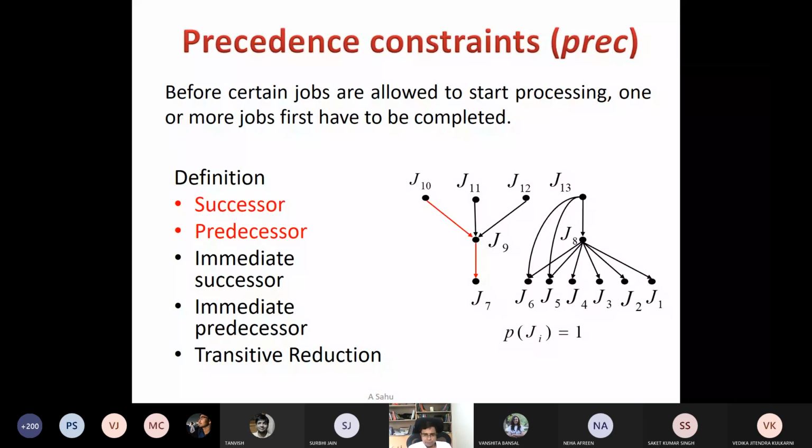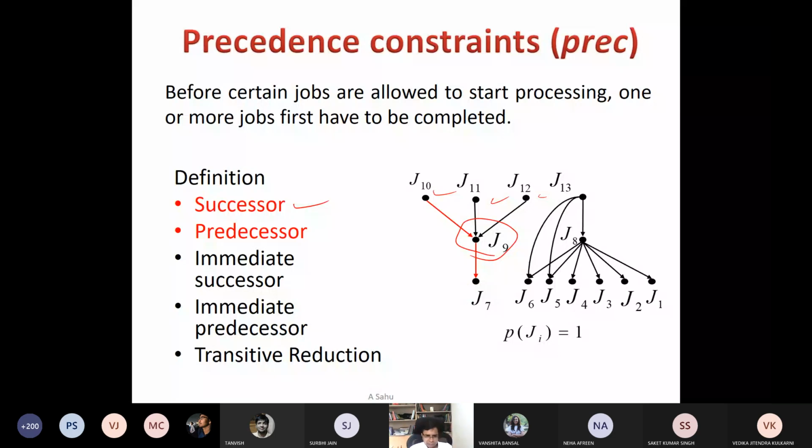If suppose this is the dependency, look at this J9: it needs to start after completion of J10, J11, and J12, because J9 has a dependency on J10, J11, and J12. That's why you call it a successor. Then predecessors: after J9 completes, only then can J7 start. So J7 gets J9 as a predecessor.